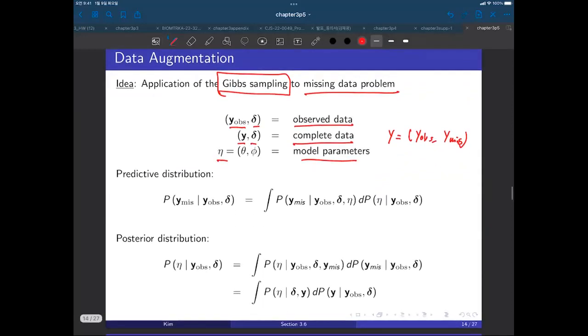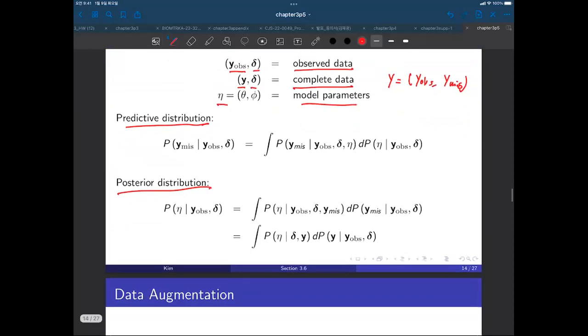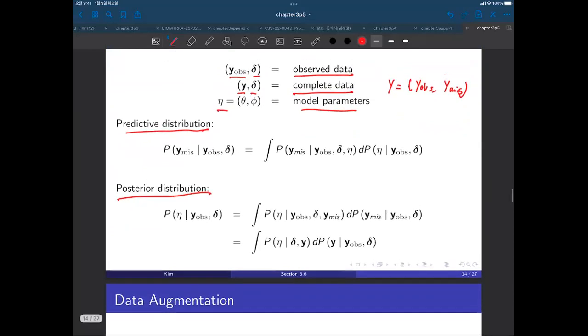So the predictive distribution is, and remember we have two things: the predictive distribution and the posterior distribution.